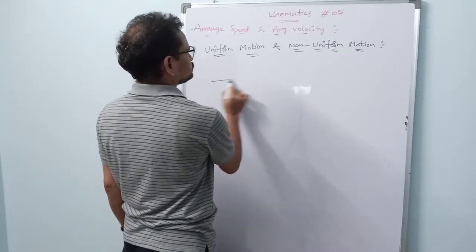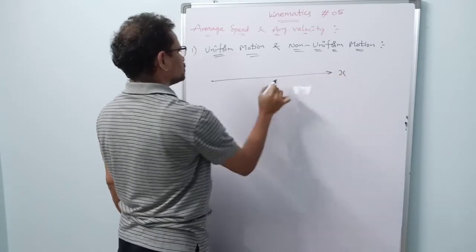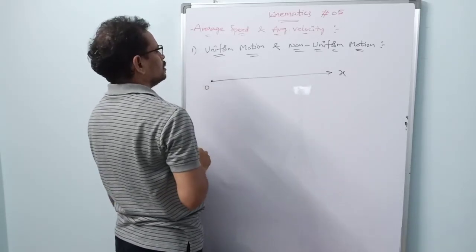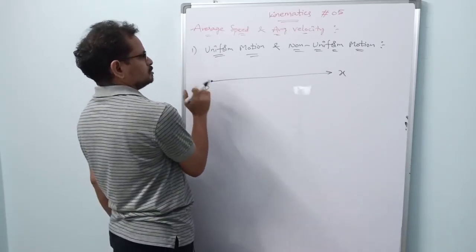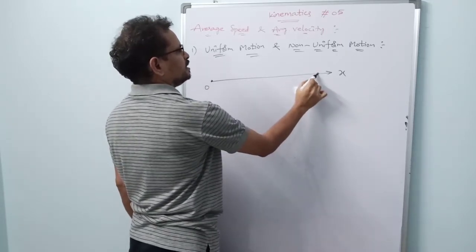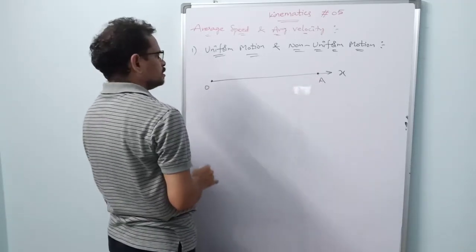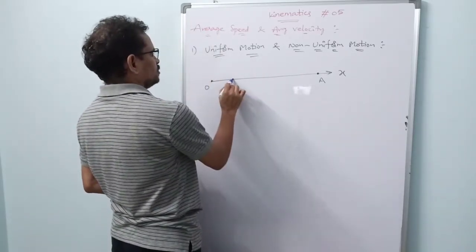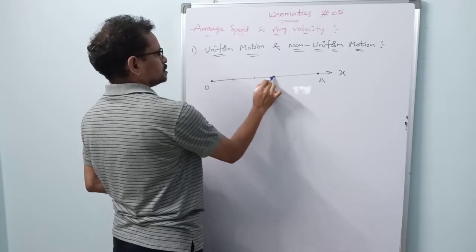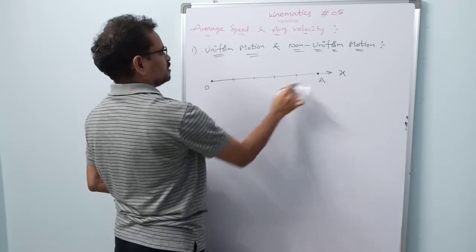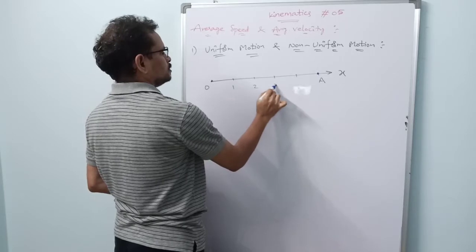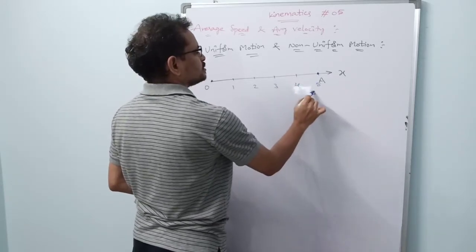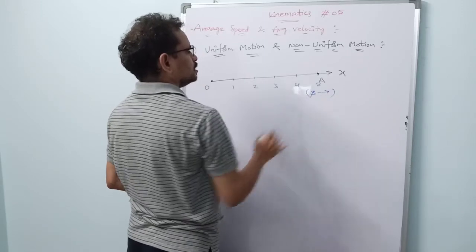Suppose this is the x-axis, this is the origin. A particle starts its journey from the origin and reaches a point A here. Let us divide the time intervals of this journey: 1, 2, 3, 4, 5 seconds.